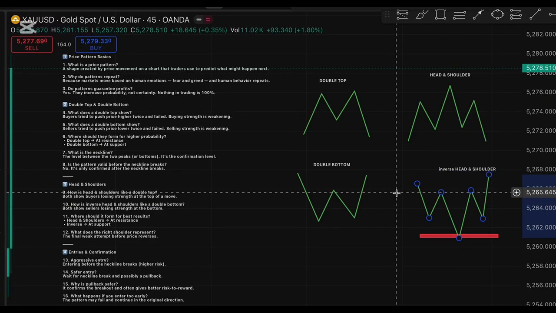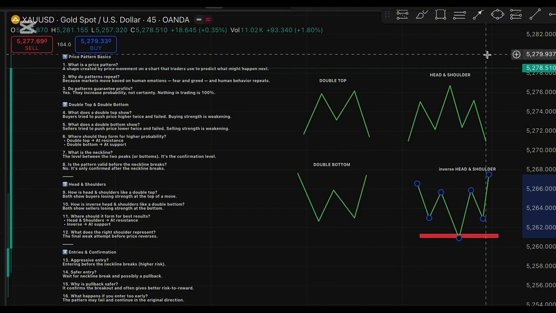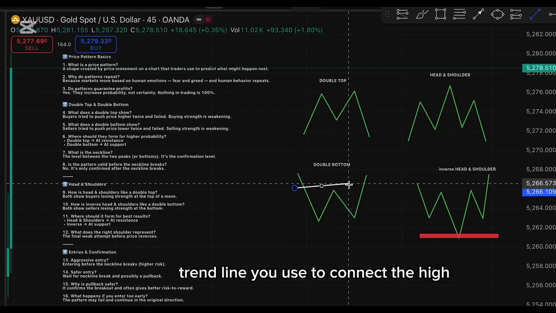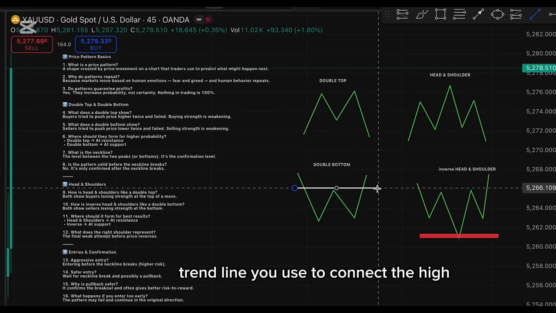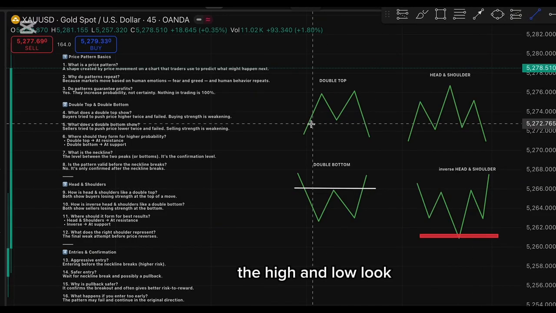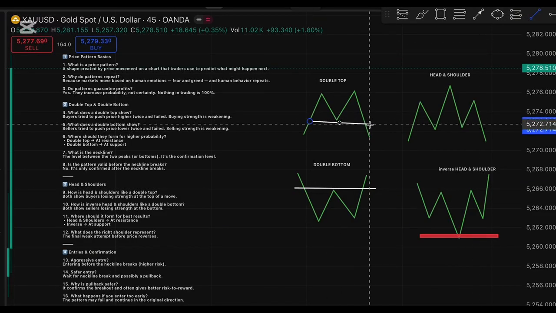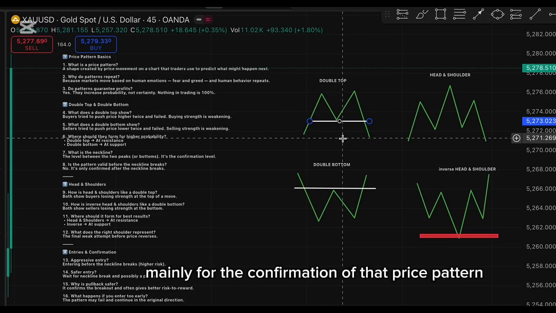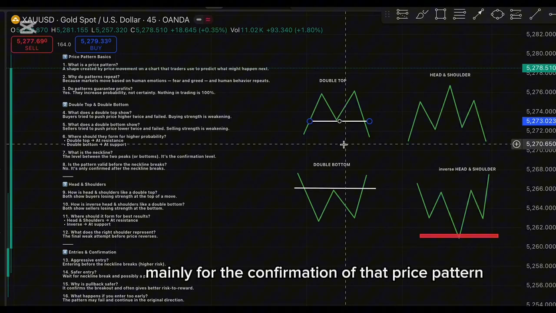Now, you need to also know what a neckline is. A neckline is that trend line you use to connect the high and low. Look, this is a low, let's connect it, and it is used mainly for the confirmation of that price pattern.